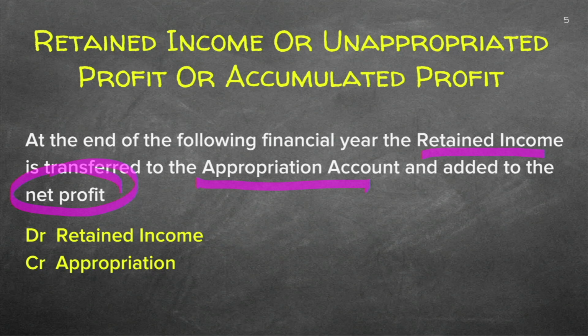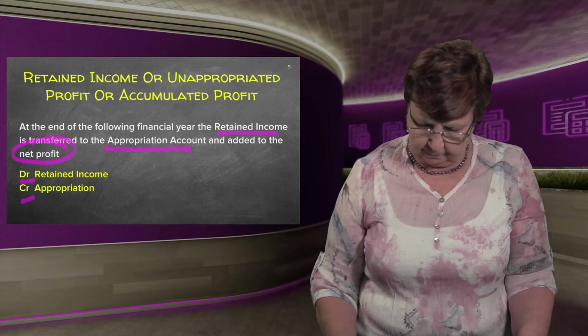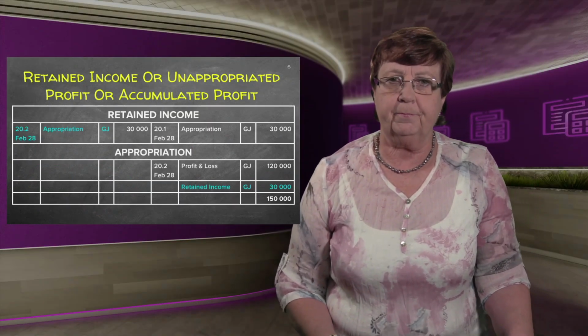So now I not only have my net profit to distribute, I have my net profit plus the retained income from last year. To do that, I'm going to debit the retained income account and credit the appropriation.